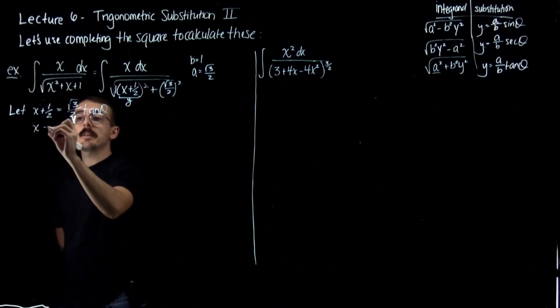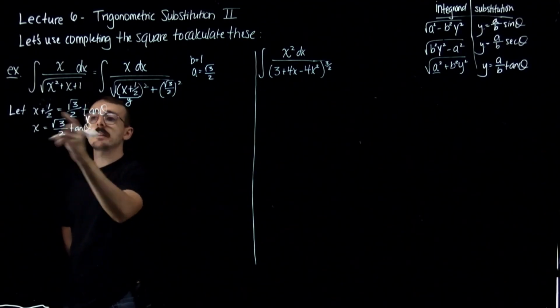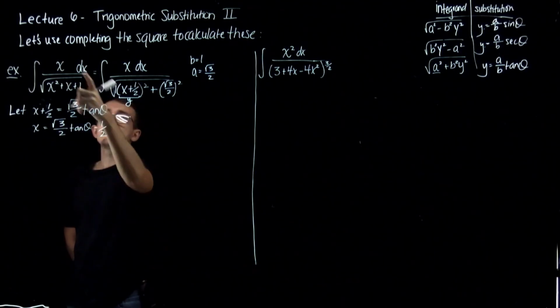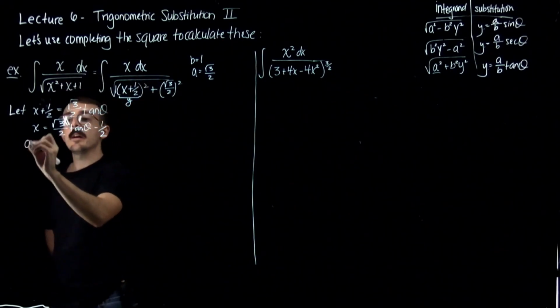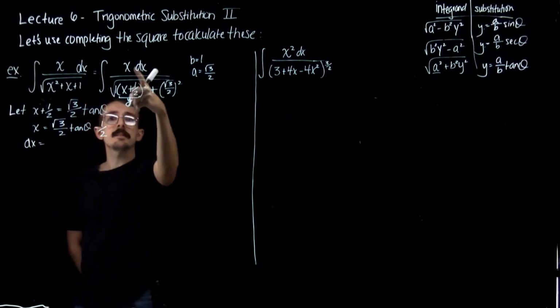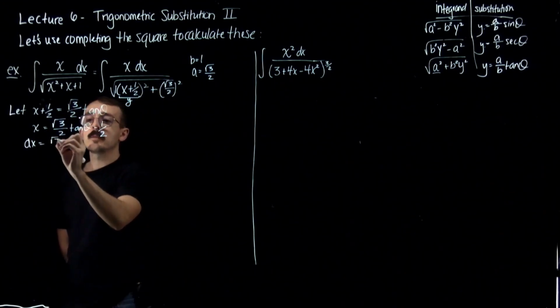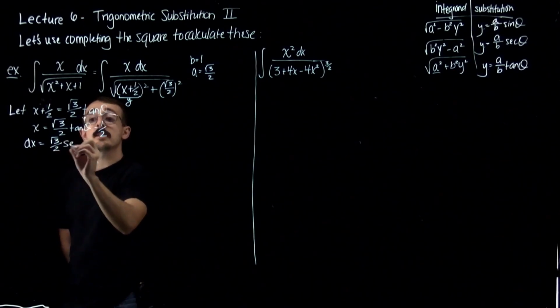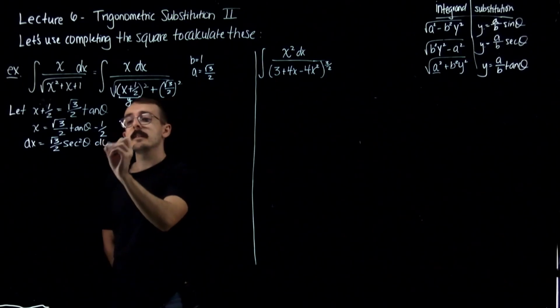Now, in this case, I'm going to go ahead and solve for x. So that involves subtracting the 1/2 to the other side. I see in the original problem I'm going to have to substitute in what x is, so I'm going to do that. I'm also going to need dx because that's here as well. So the derivative of this is going to be root 3 over 2 secant squared, which is the derivative of tangent, and then this will just be 0, d theta.